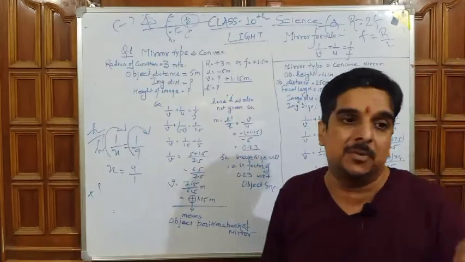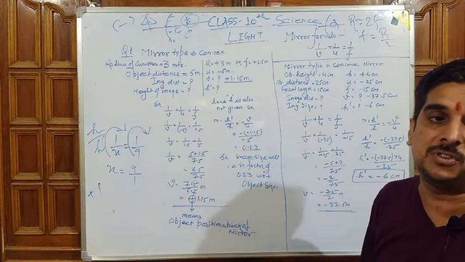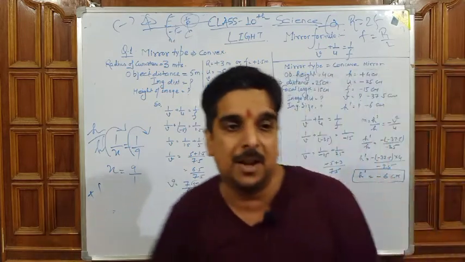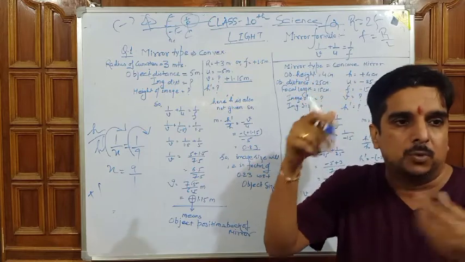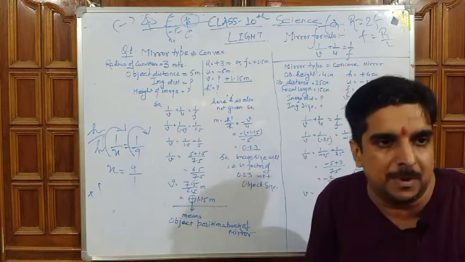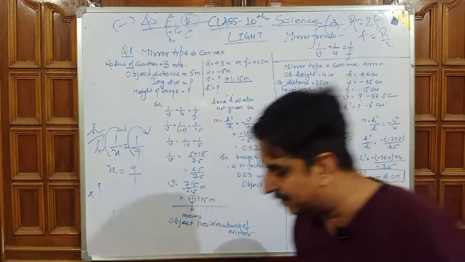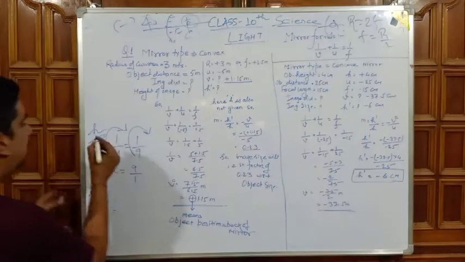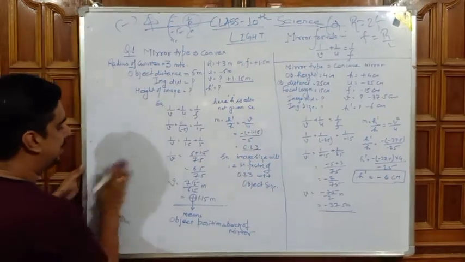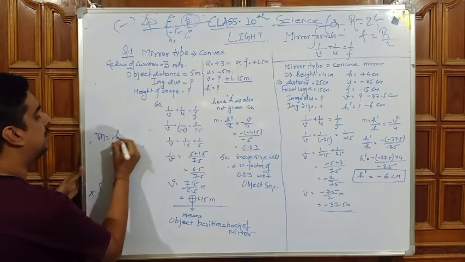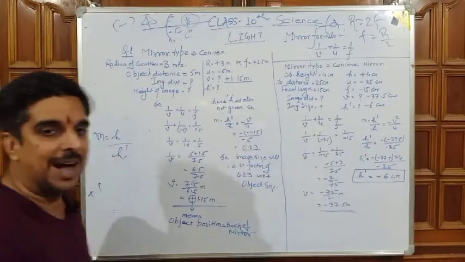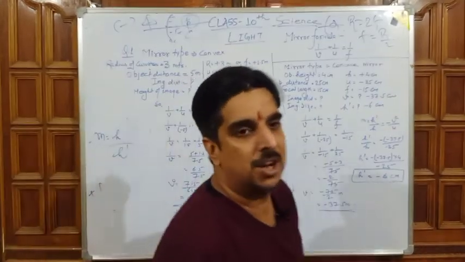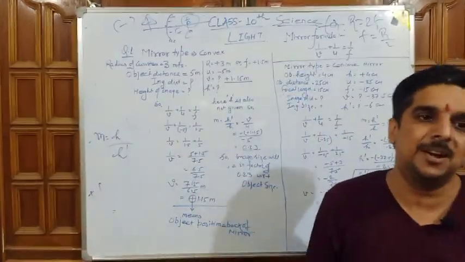अब दूसरा क्या है भाई, magnification. How we can find magnification? So magnification is nothing, एक आवर्धन क्या है? आवर्धन है क्या? एक तुलना वस्तु के आकार और उसके प्रतिबिंब के आकार की. So in other words we can say that m is nothing but the ratio of height of image and object.